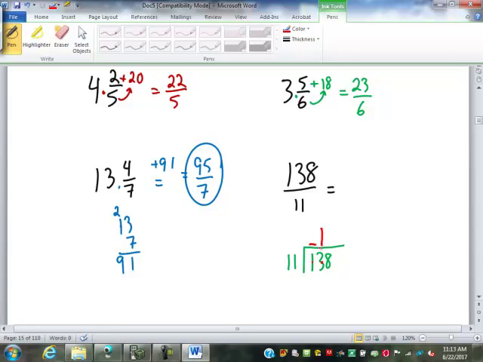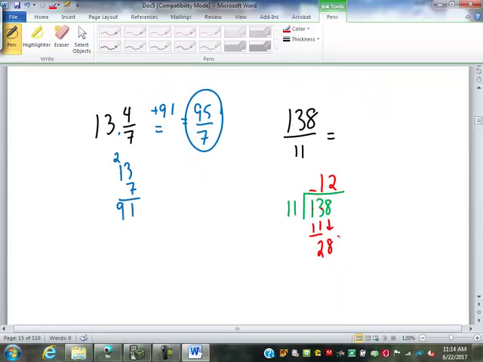So we put a 1 above the 13. 1 times 11 is 11. 13 minus 11 is 2. Then what? Bring down the 8. 11 goes into 28. Twice. 2 times 11? 22. There's 6 left over. Anything to bring down? No, we are done. So that is 12, and there are 6 elevenths left over. So it's uglier numbers, it's still the same process.